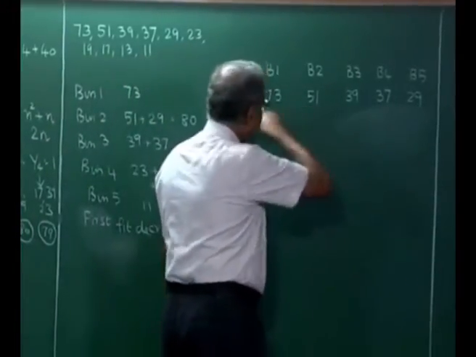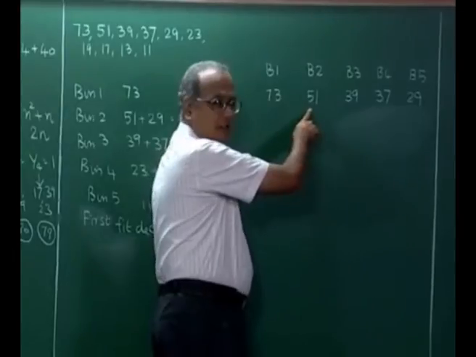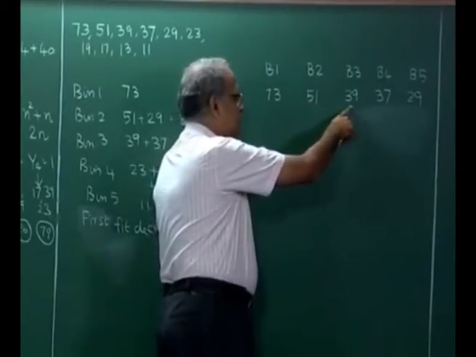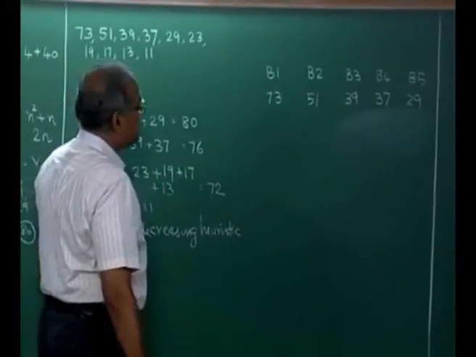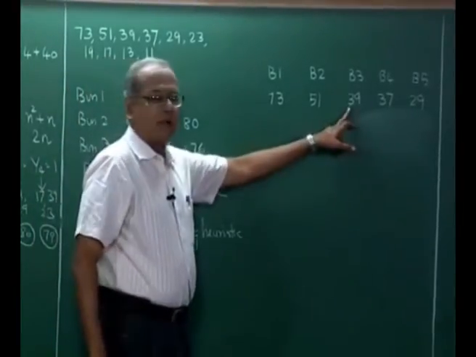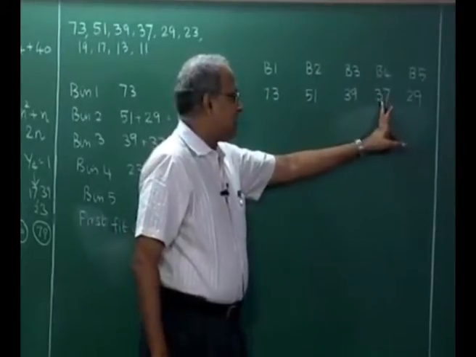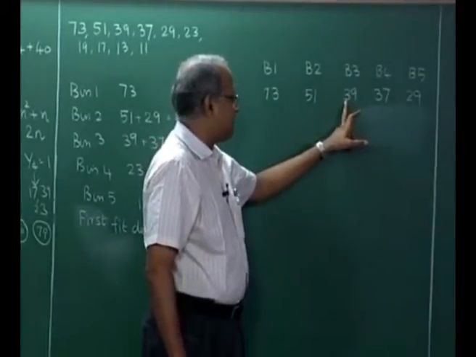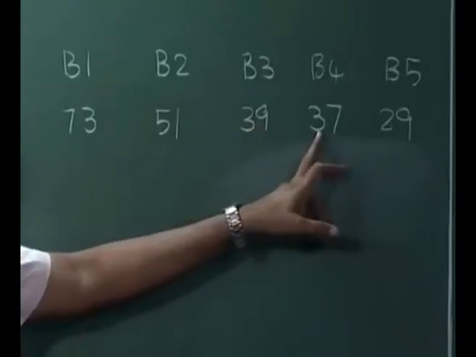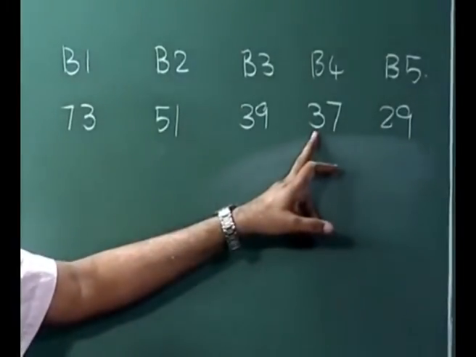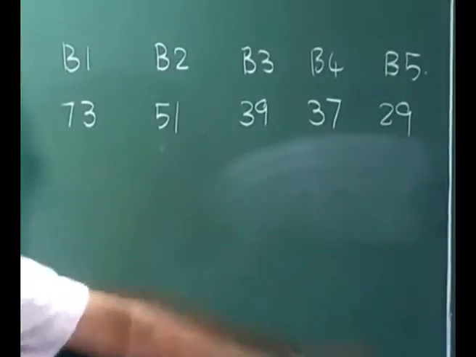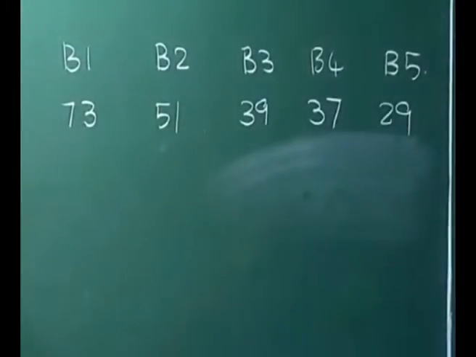So 51 plus 23 is 74, 39 plus 23 is 62, 37 plus 23 is 60, and 29 plus 23 is 52.